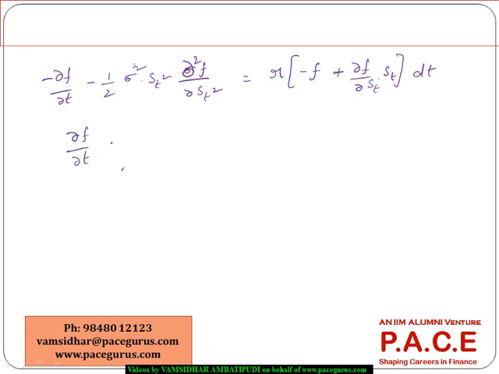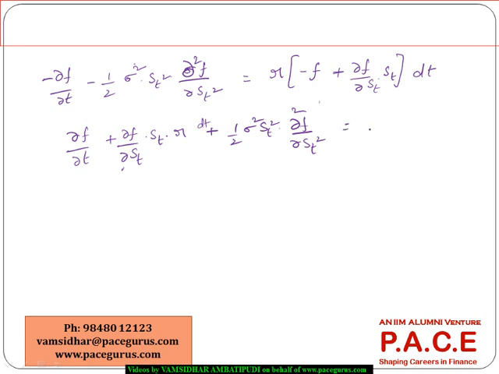dou t plus dou f by dou st times st into r plus half sigma squared st squared dou square f by dou st squared, this dt.